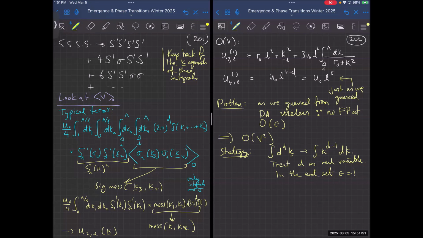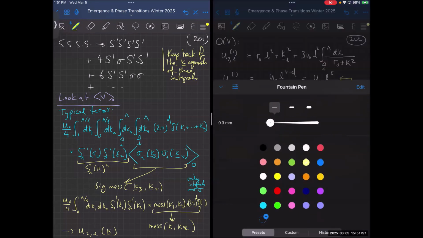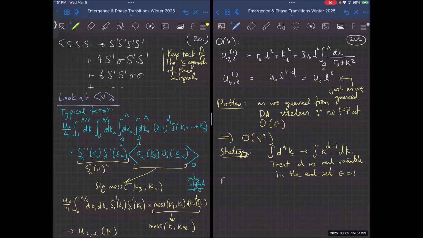So let me give you the renormalization group recursion relations, and then we will quit for today. Okay, and they're pretty awful.